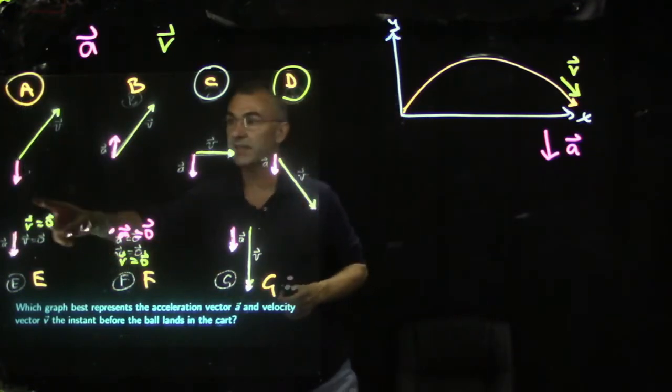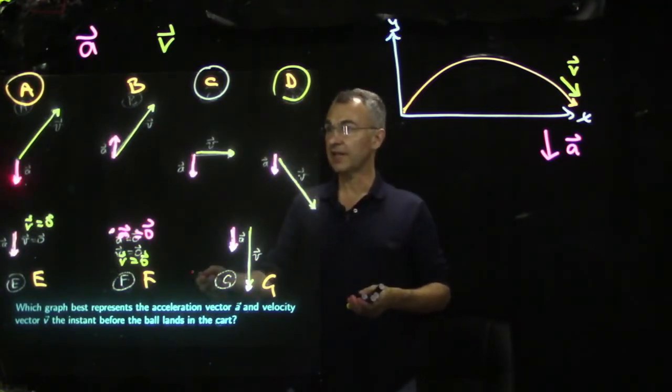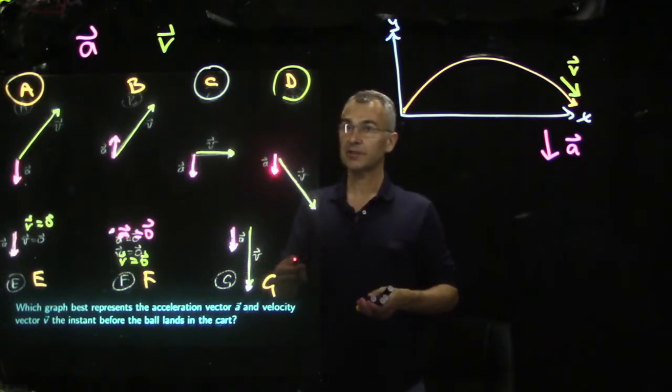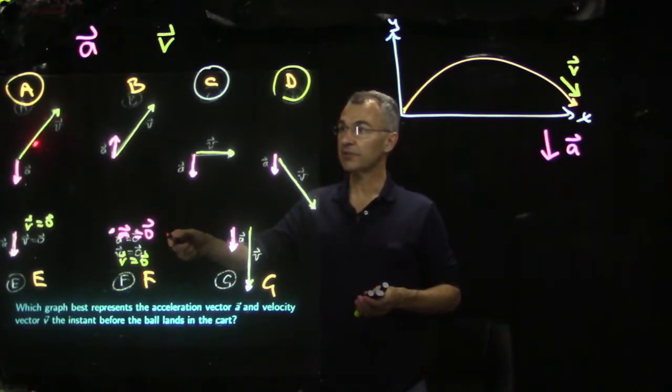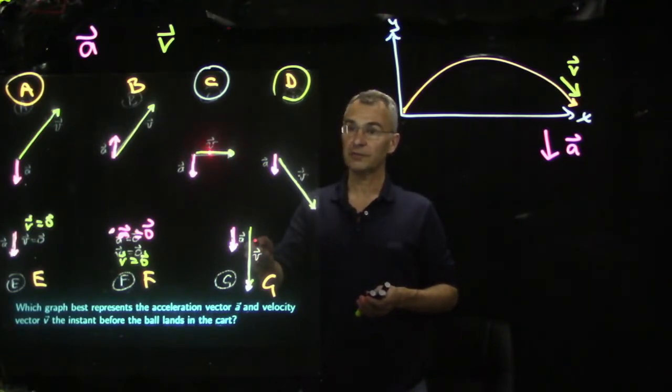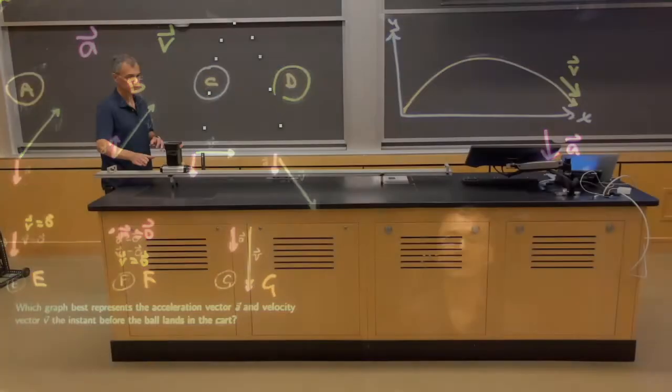So in all three cases, the acceleration is downward with magnitude little g, because the only force acting is gravity. But just after launch, the velocity is up and to the right. At the apex, the velocity is to the right with no up or down component. And just before being caught, the velocity is down and to the right.